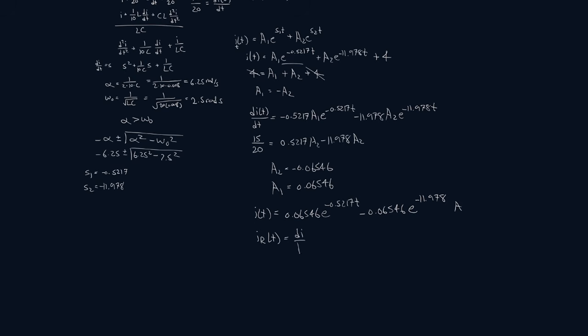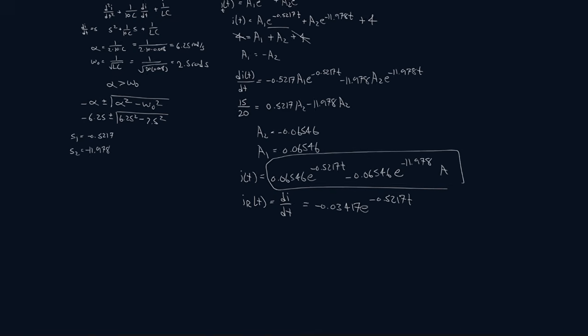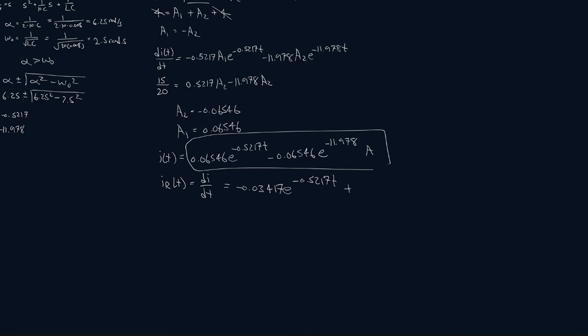So it's just di over dt, so just the derivative of all of this. That should give you minus 0.03417 e to the power of minus 0.5217t plus 0.7846 e to the power of minus 11.978t amps. Okay, and there you go.